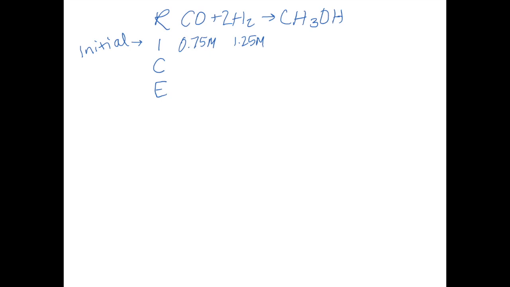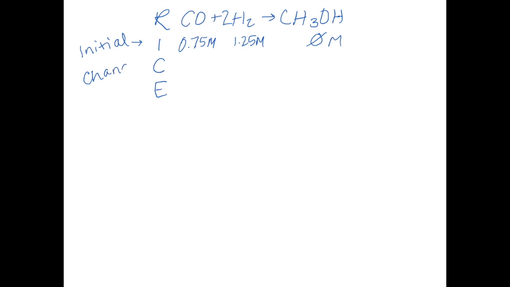The problem and most of the problems say nothing about how much of your products are there because you don't have any yet. We haven't made any because we haven't started the reaction yet. If you are given an initial concentration of products, then put that in. But if you're not, you assume 0 because the reaction has not started.